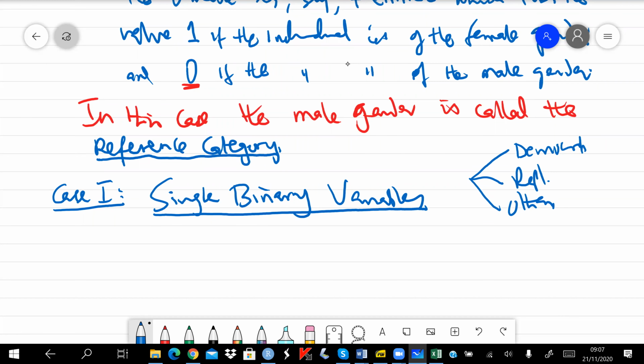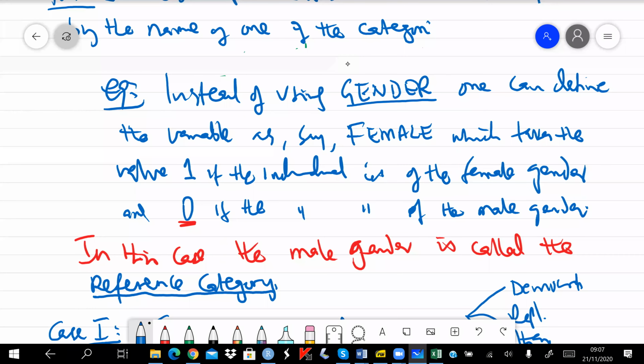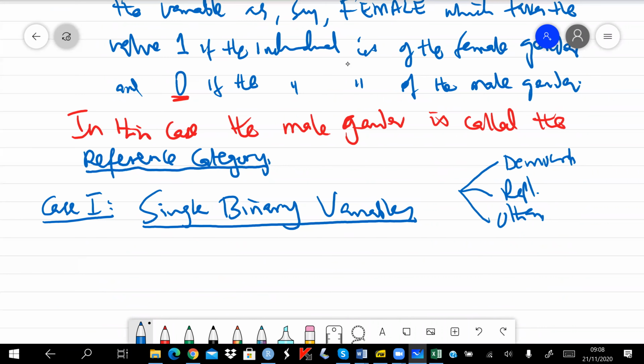In short, the number of dummy variables will always be the number of categories minus 1. Like in the case of gender, there are 2 categories, female or male, so the number of dummy variables was 1, that is 2 minus 1. If you have a variable which has 3 categories, then the number of dummy variables will be 3 minus 1, which is 2.